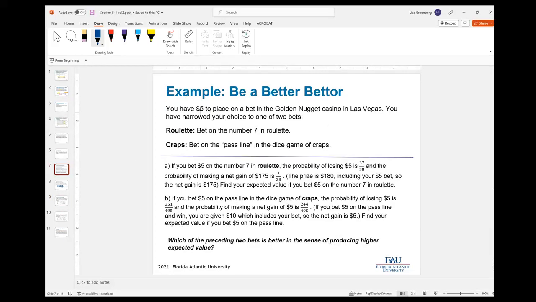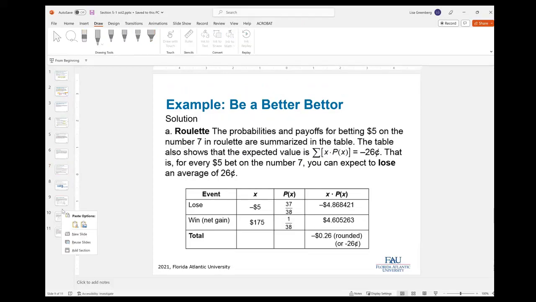Now let's do craps. So I need to insert a new slide.